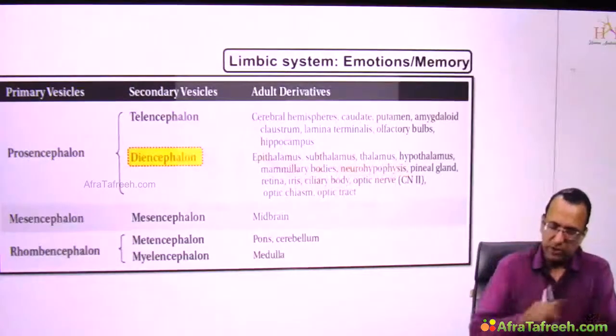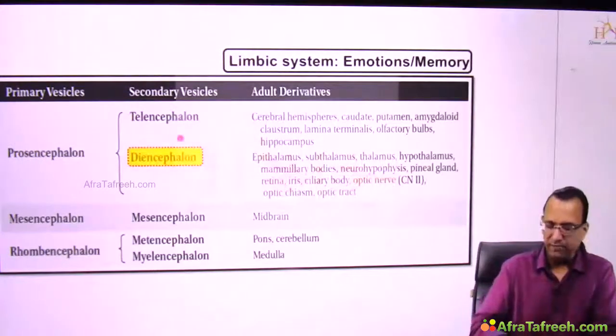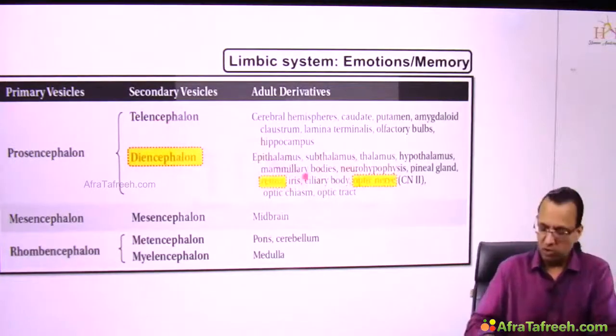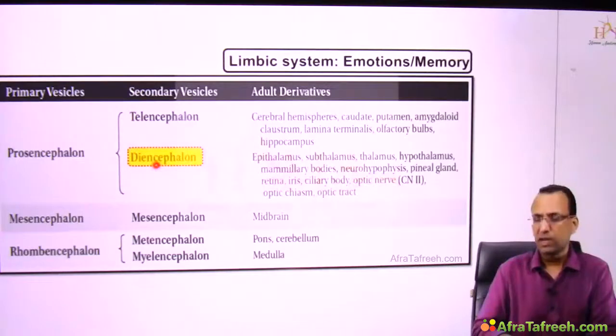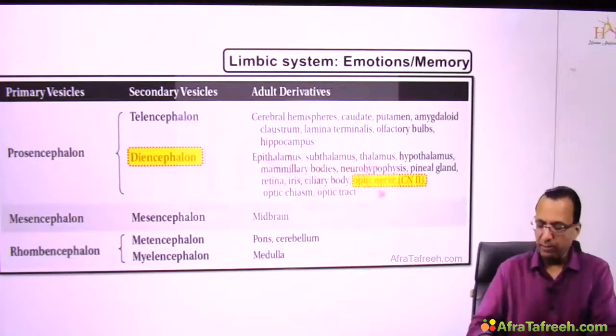And you also have discussed earlier that the diencephalon part of the brain will grow into the eyeball to become retina and optic nerve. So the optic nerve is the nerve of diencephalon.